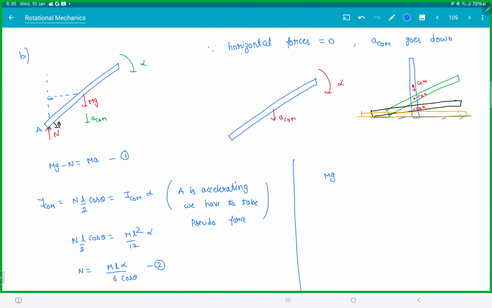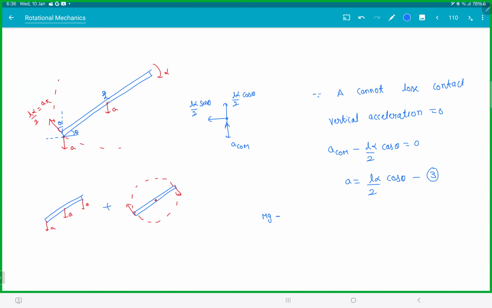So this will be mg minus ml alpha by 6 cos theta is equal to ma. So let's bring this thing here. mg minus ml alpha by 6 cos theta is ma. Take that L alpha and substitute here. It will be mg minus m by 6 cos theta times L alpha, where L alpha will be 2a by cos theta, is equal to ma.